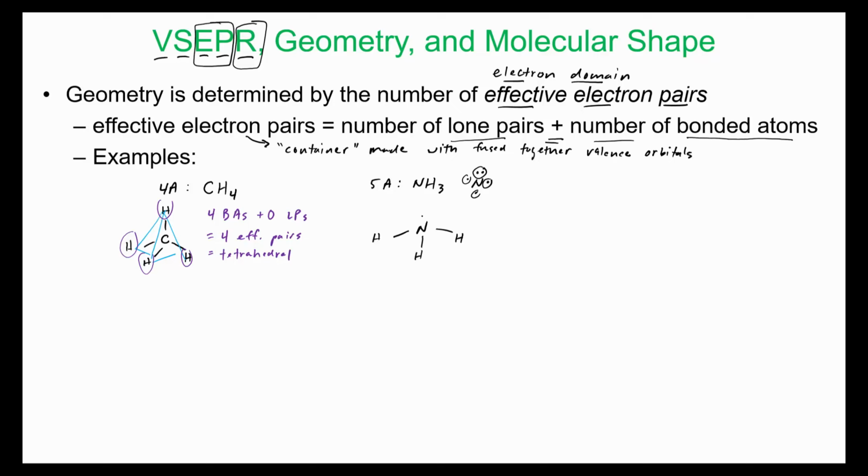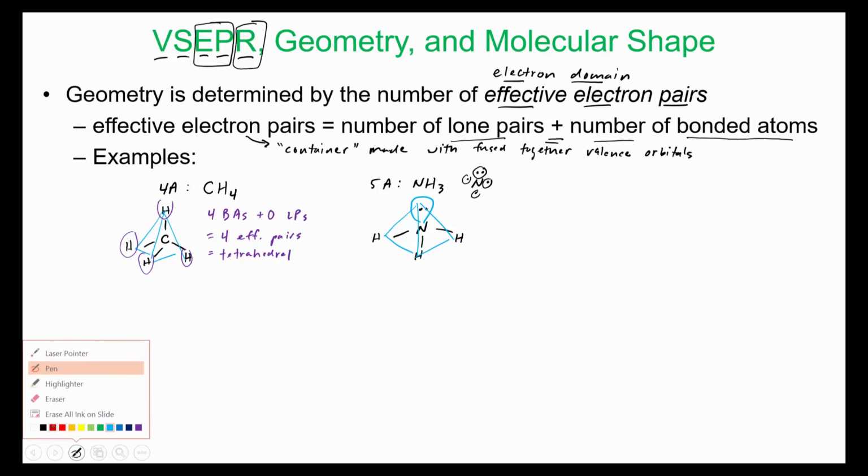And then it also has the lone pair. So it needs a container to hold the lone pair, and it needs containers to hold each bonded atom. So those are there, and then we have the bonded atoms also. So this actually also makes a tetrahedral.